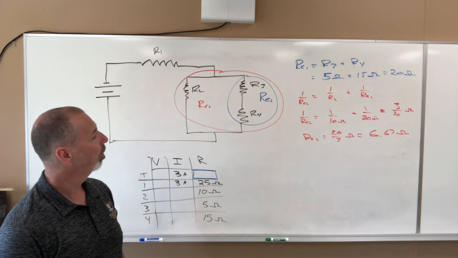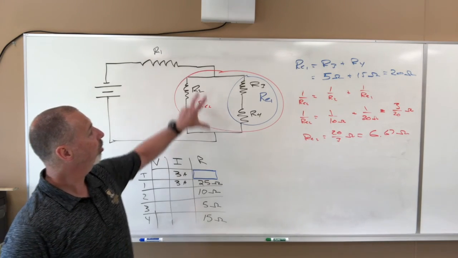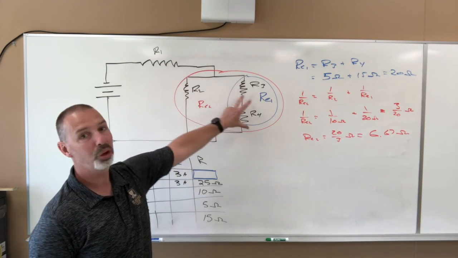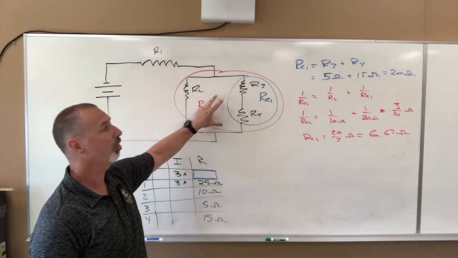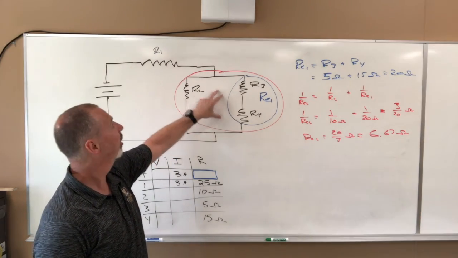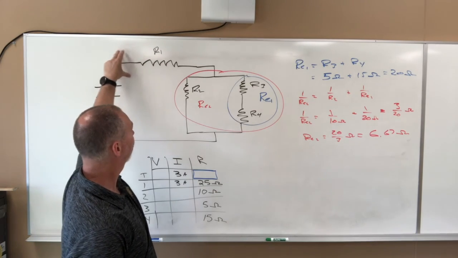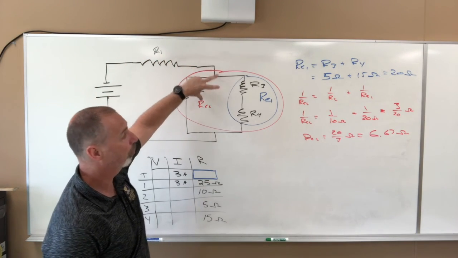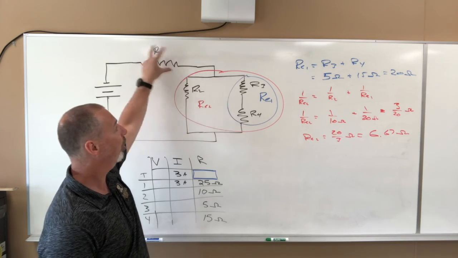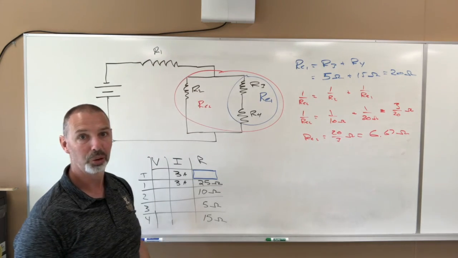That is the equivalent resistance for this parallel section. This section is in series with R1, right? The current comes through R1 and then it comes through this parallel part. So the parallel part is in series with R1.